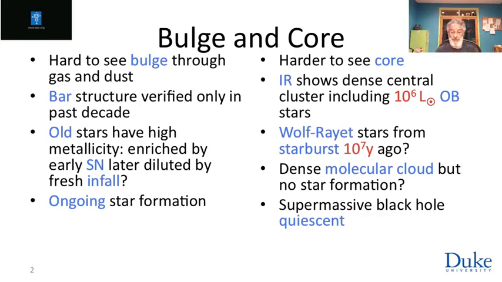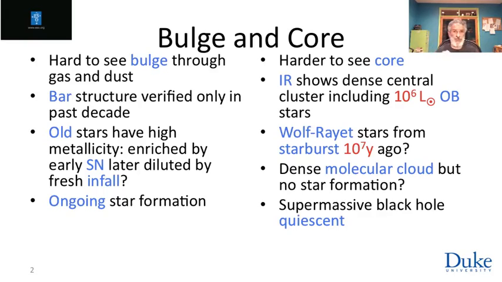One interpretation of this is that these may be Wolf-Rayet stars, so older stars from a starburst episode about 10 million years ago, which are now very luminous. Remember, we're measuring the luminosity of an OB star in the infrared. These may be having extreme infrared emissions because they are Wolf-Rayet stars.